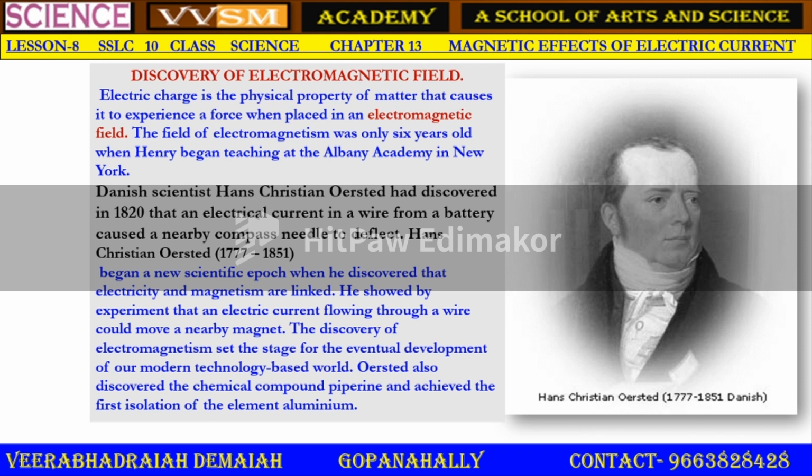The field of electromagnetism was only 6 years old when Ørsted was teaching, and he began a new scientific epoch when he discovered that electricity and magnetism are linked. He showed by experiment that an electric current flowing through a wire could move a nearby magnet.